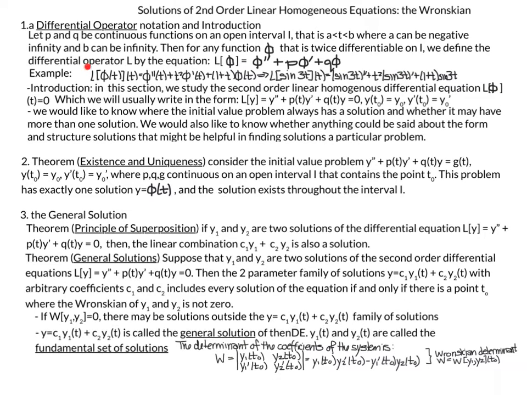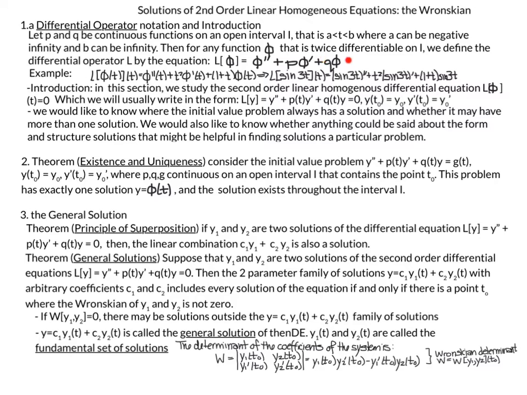We're going to use this notation and idea of a differential operator now when we talk about solutions to our second-order linear homogeneous equation. So in particular, in this section, we're going to study second-order linear homogeneous differential equations, and we use this L operator, which we'll usually write in the form L of y is equal to y double prime plus p of t y prime plus q of t y equals 0.